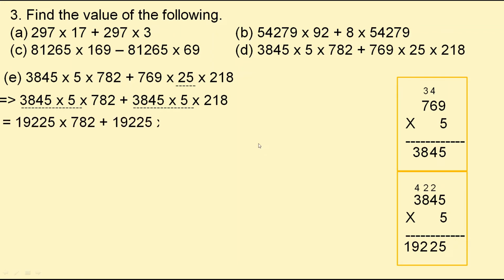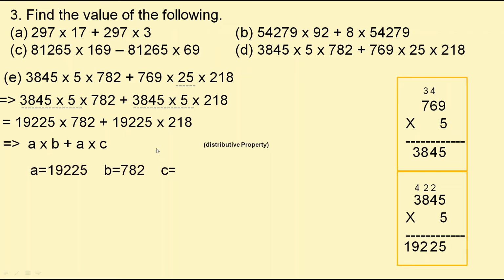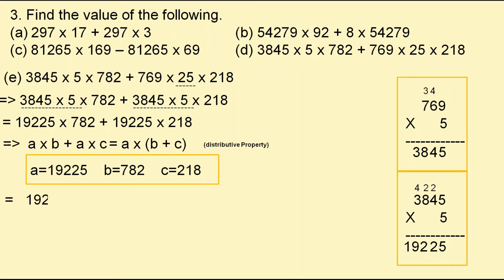Okay. So now we got the equation which is similar to the distributive property. When we compare these two equations, we understand that A is equal to 19,225, B is equal to 782 and C is equal to 218. So let's put these values of A, B, C in the second part of distributive property, that is A into B plus C. So 19,225 into, in the bracket, 782 plus 218.